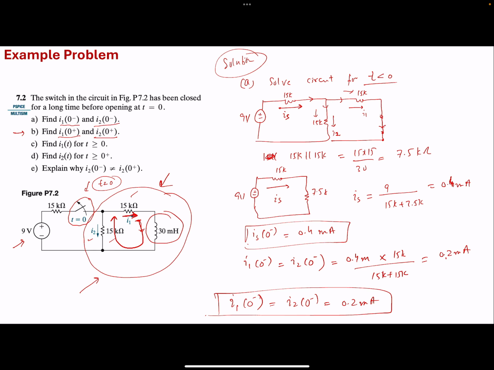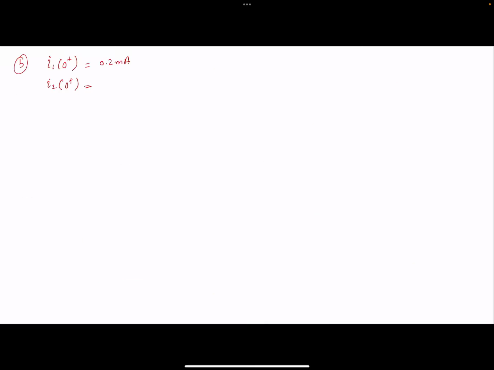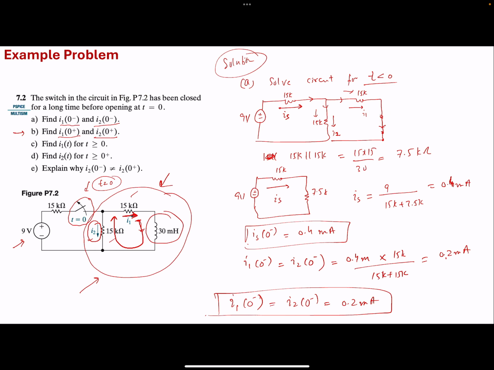If the current has to flow in this direction, but I2 is originally listed as this direction, this means that the current in the resistor needs to reverse its course instantaneously, and that can happen in a resistor. So I2 at 0 positive becomes minus 2 milliamperes. So the same amount of current is going to flow in the resistor, but in the opposite direction now. So this is I2 at 0 positive.